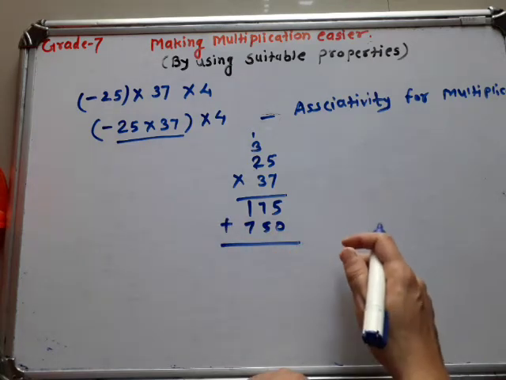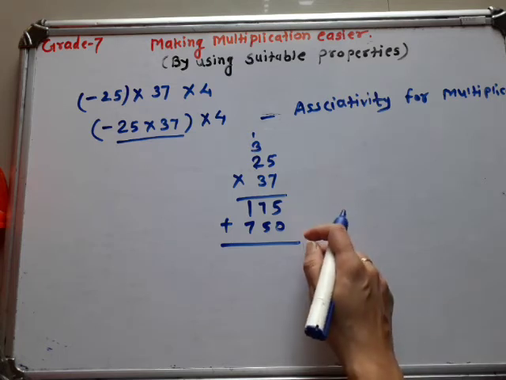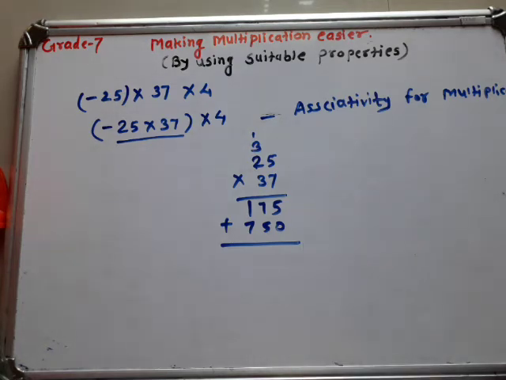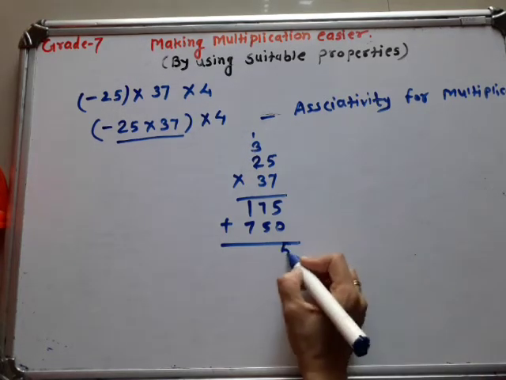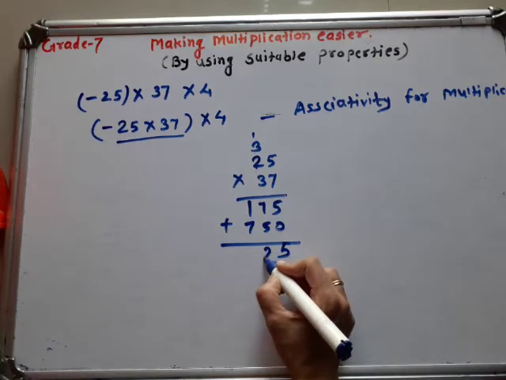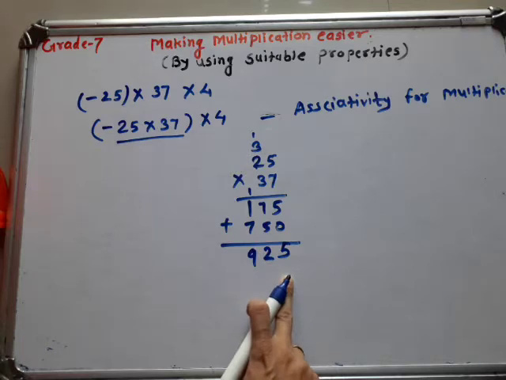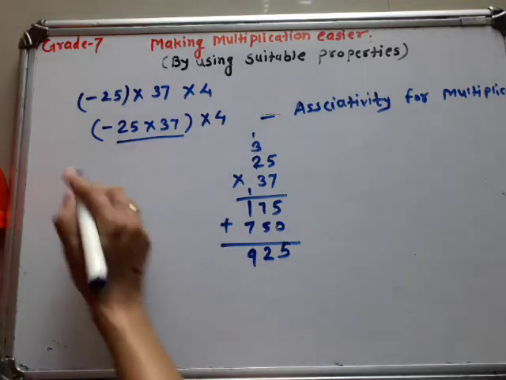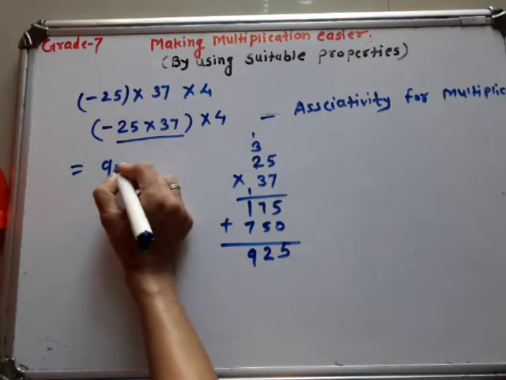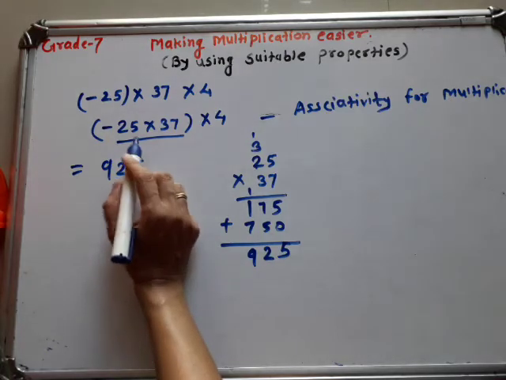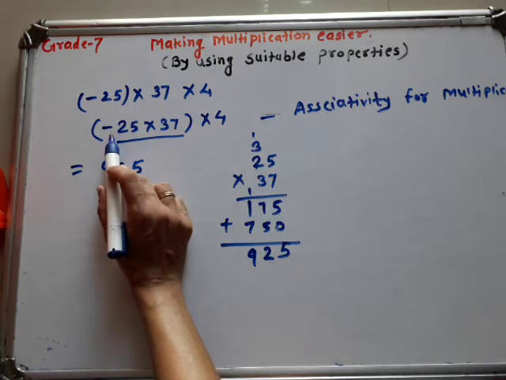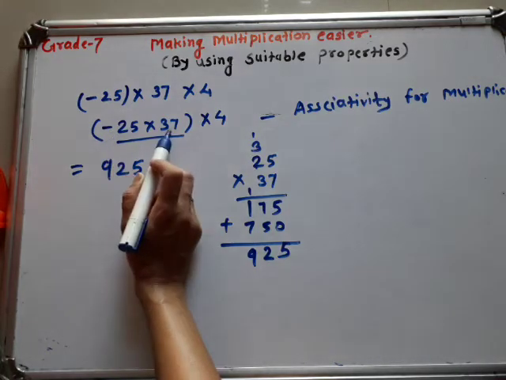Here 5, 7 plus 5 is 12, 1 carry over. 7 plus 8 plus 9, means here we get 925. Okay, here we write 925, and here one is a negative integer and one is positive.